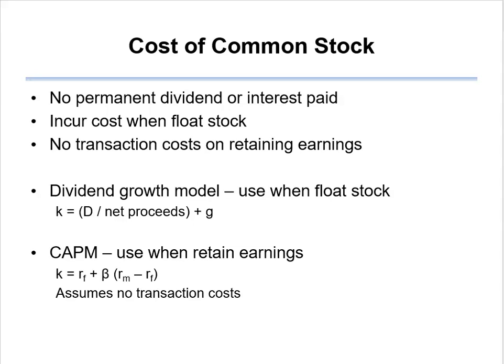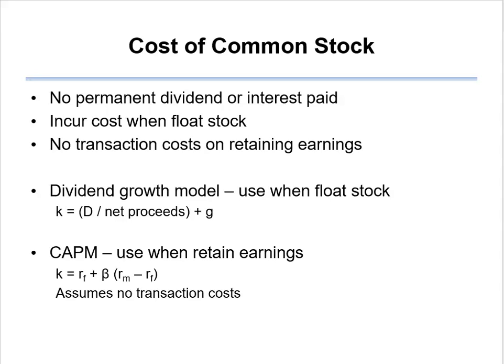We might sell it at $40, but only get $38. So we want to use the net proceeds. Just like in bonds, we're going to use the net proceeds. But it's basically the dividend yield based upon the net proceeds, plus the growth factor. So if we can remember the required rate of return from before, instead of price, we just substitute net proceeds.